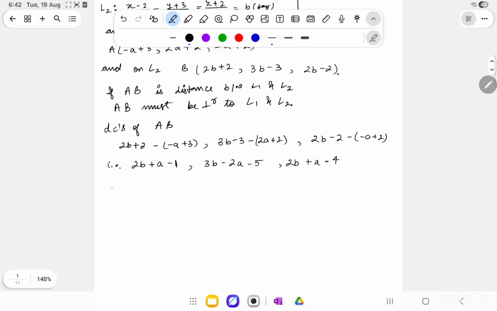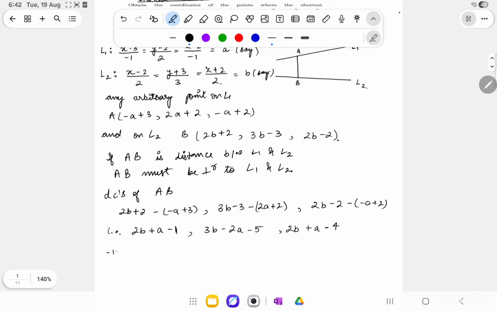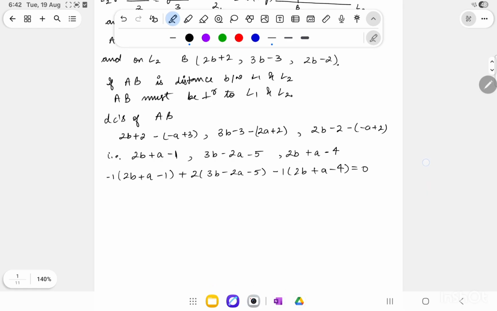So using the perpendicularity result, I will get minus 1 into (2b plus a minus 1) plus 2 into (3b minus 2a minus 5), and then minus 1 into (2b plus a minus 4) equals 0. I got this using the relation l1 l2 plus m1 m2 plus n1 n2 equals 0.